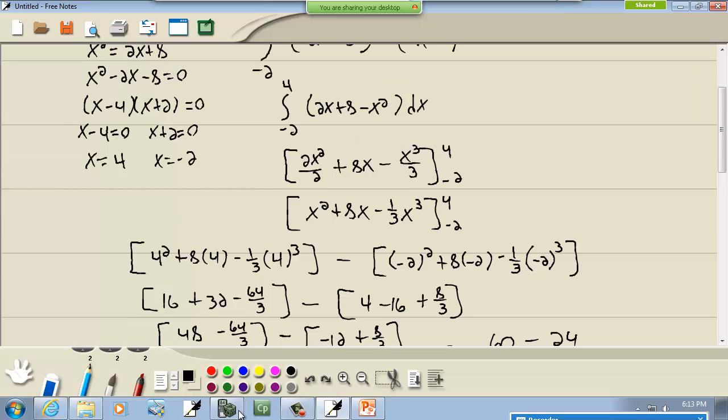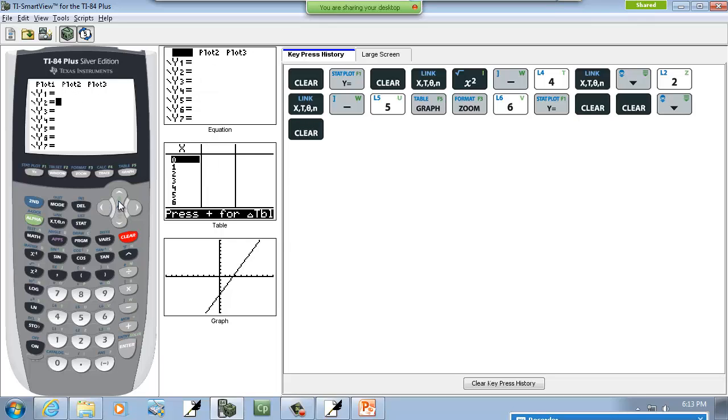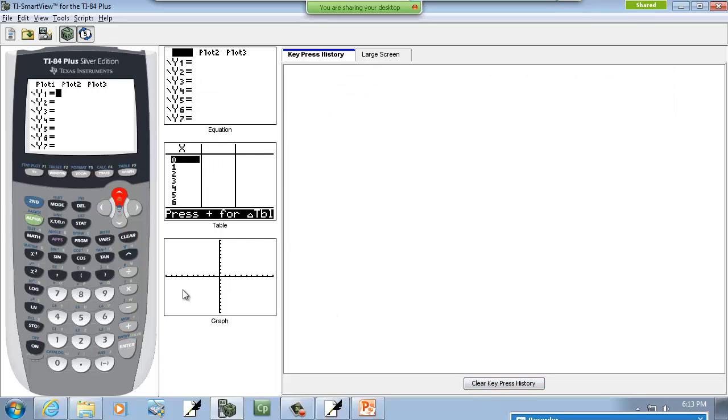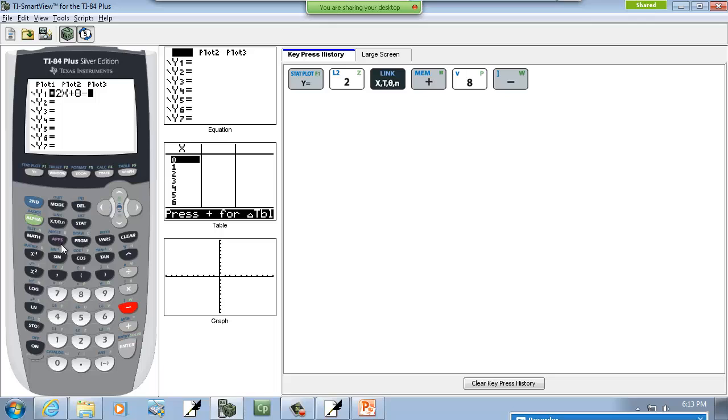This one right here, if I come here and do a y equals, clear that, down arrow, clear that. So you're putting in the 2x plus 8 minus x squared.